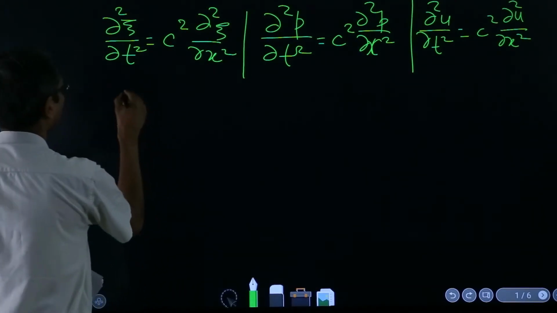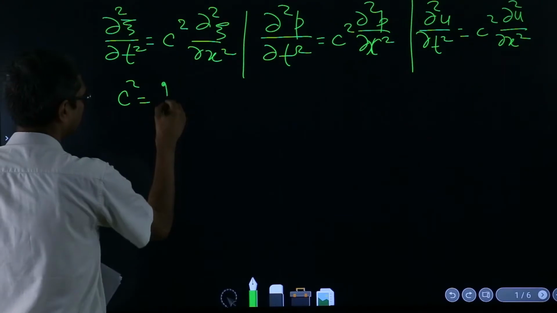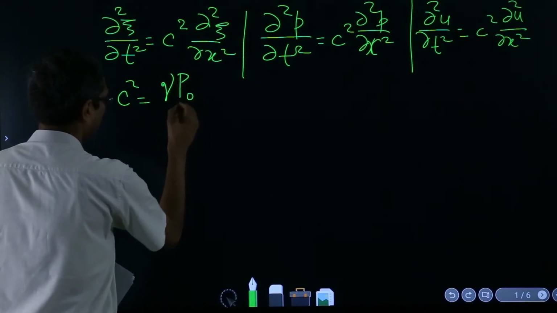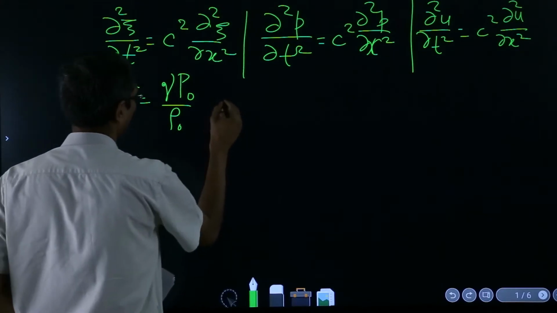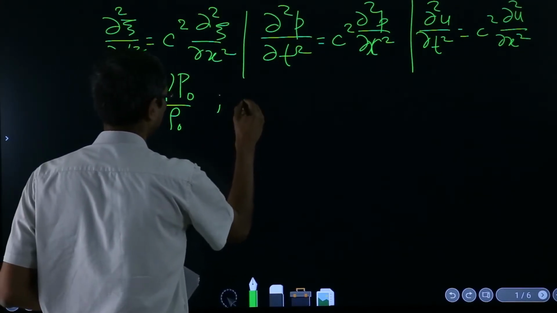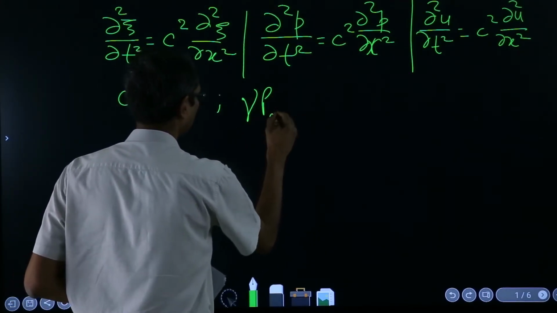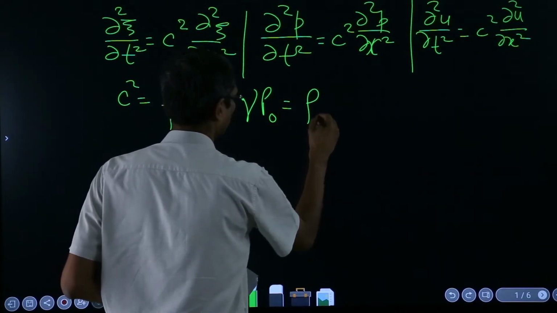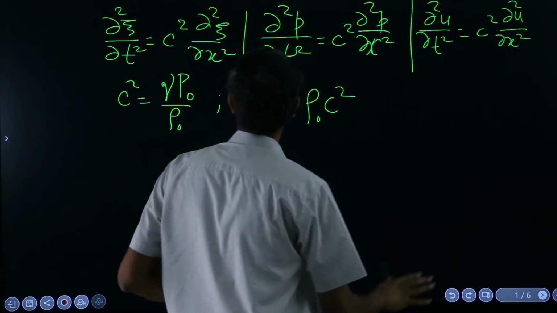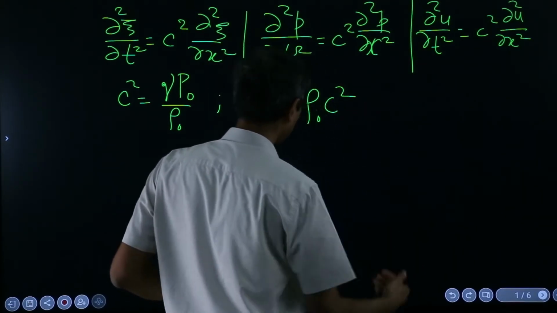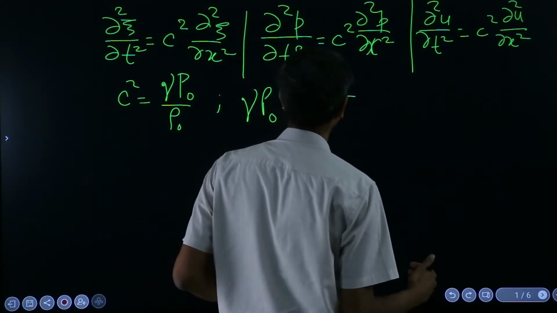Where c squared we derived to be gamma p naught over rho naught, which implies that gamma p naught is equal to rho naught c squared. Some facts I am just summarizing so that we will use them in our present discussion.